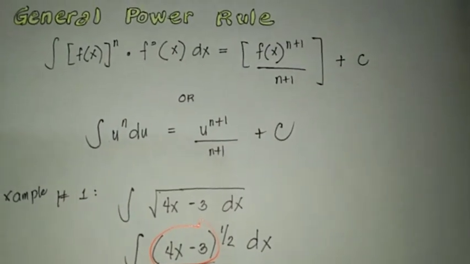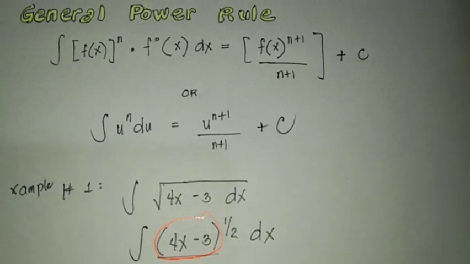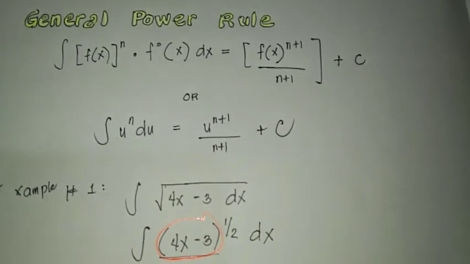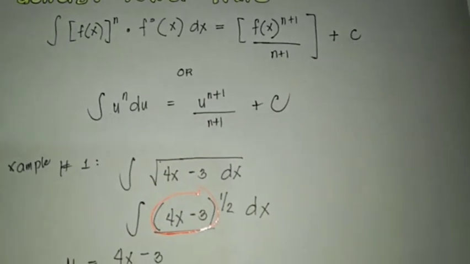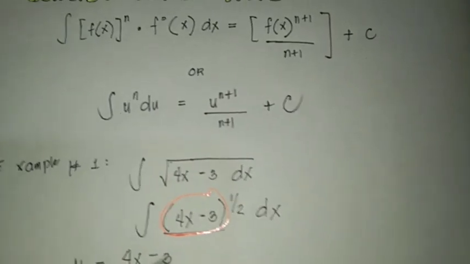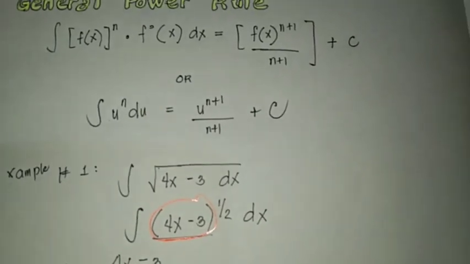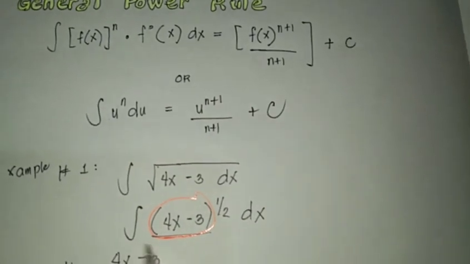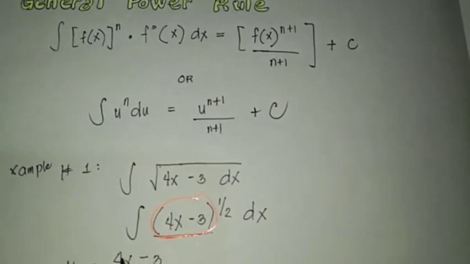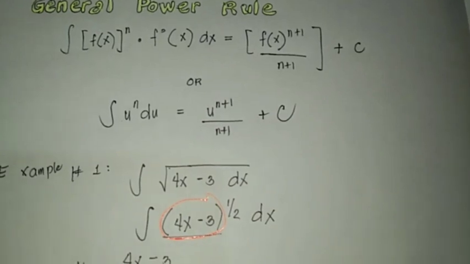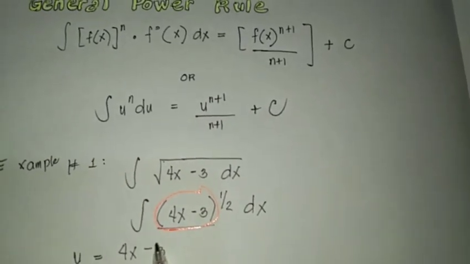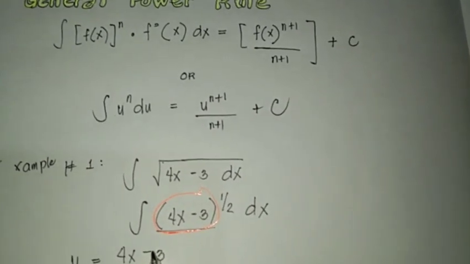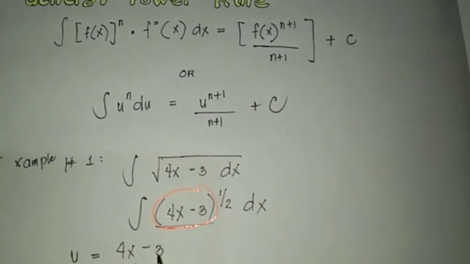After finding the value of u, we will find the derivative of u, which, as we learned in our past discussion, is 4, since the derivative of the constant is zero.